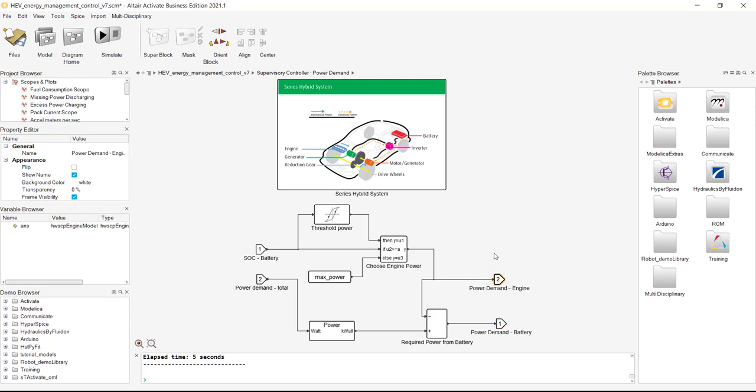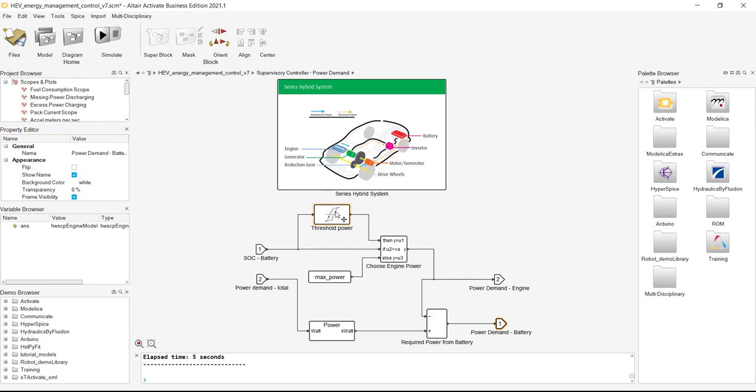It will require power from the engine instead. This is the logic that makes up the supervisory controller of our hybrid electric vehicle. So it will either demand power from the internal combustion engine or from our battery.